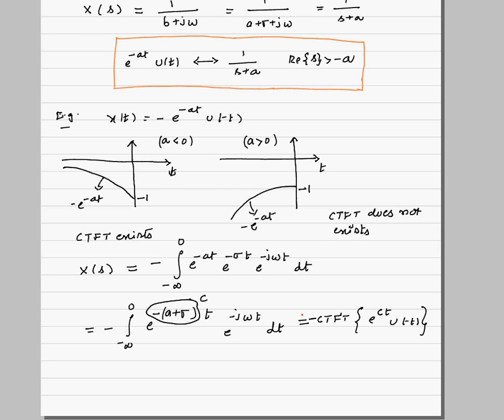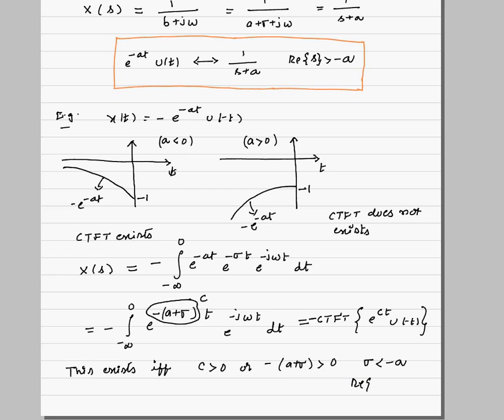So that is nothing but minus CTFT of e power ct u of minus t. So when will this exist? This exists if and only if c is greater than 0, or minus of a plus sigma is greater than 0, or from this we get sigma less than minus a.